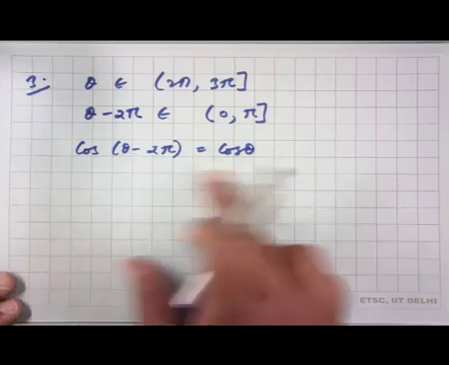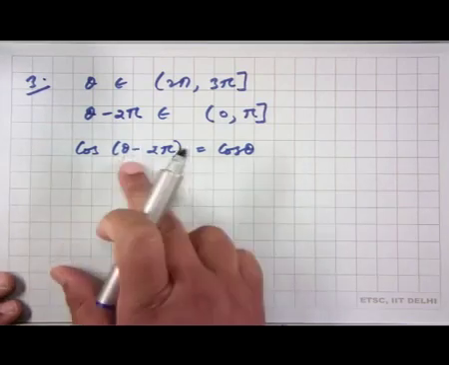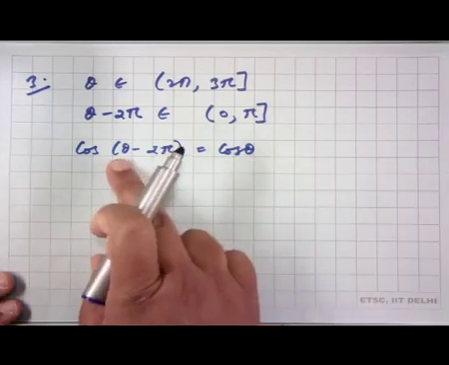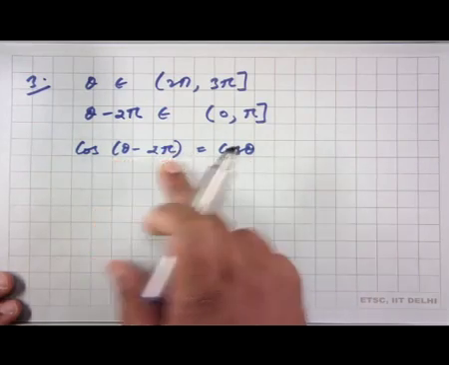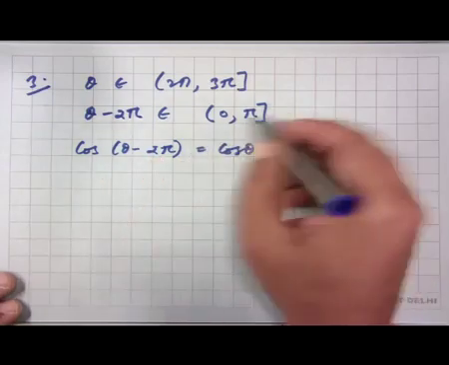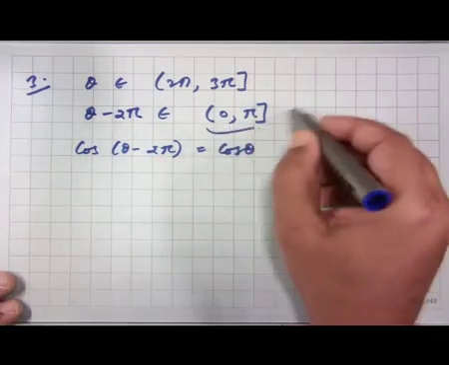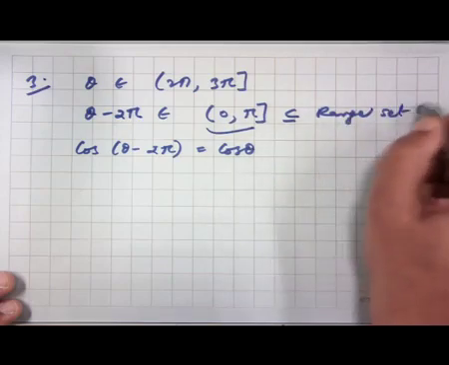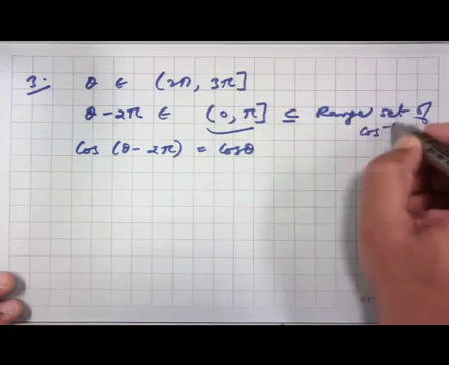Again we have a similar situation: this angle theta minus 2 pi belongs to the range set, because this interval is a subset of the range set of the cos inverse function.